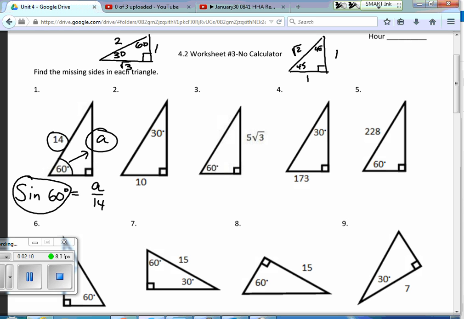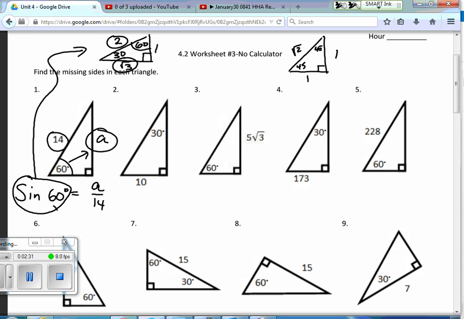Okay, so if I need sine of 60, instead of just leaving it as sine of 60, I can calculate it by looking at this triangle right here. Sine of 60, sine is opposite over hypotenuse. From a 60-degree angle's perspective, sine is opposite over hypotenuse. Root 3 over 2.